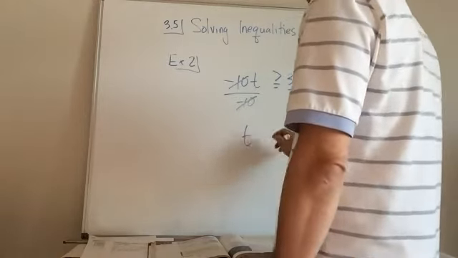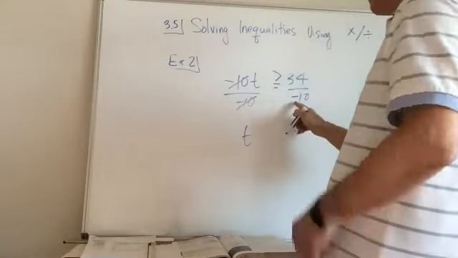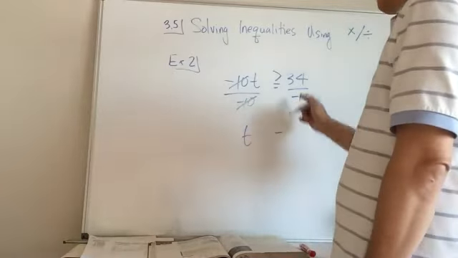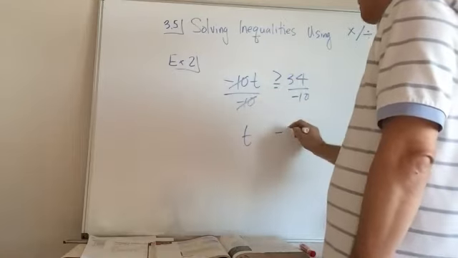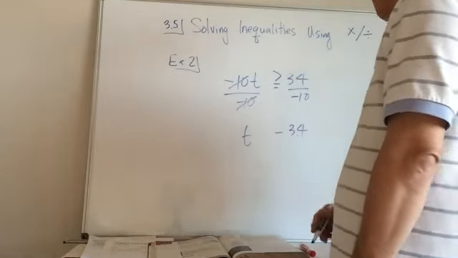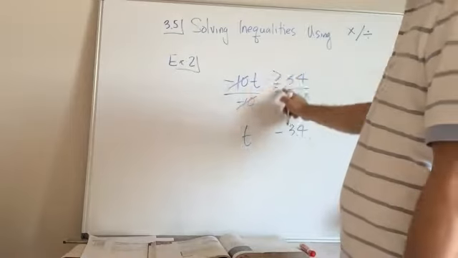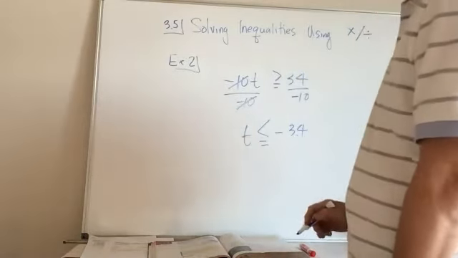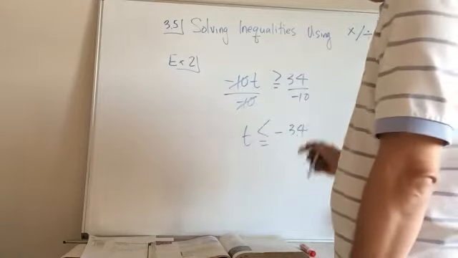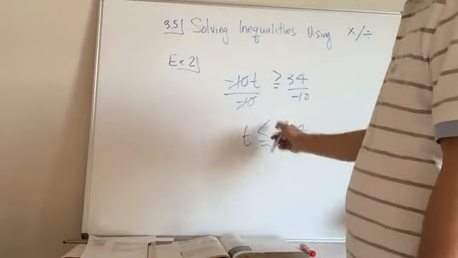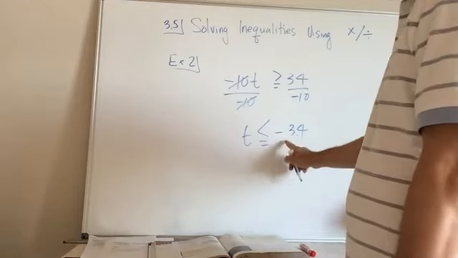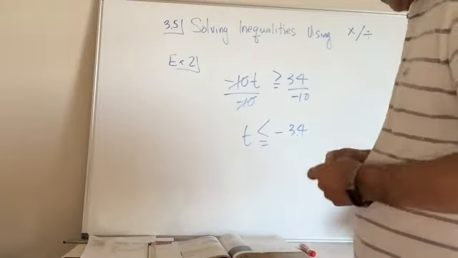I have t, positive divided by a negative, so it's going to be a negative number. 34 divided by 10 is 3.4. Now I have to flip the sign because I divided by a negative number. So t is going to be less than or equal to -3.4.